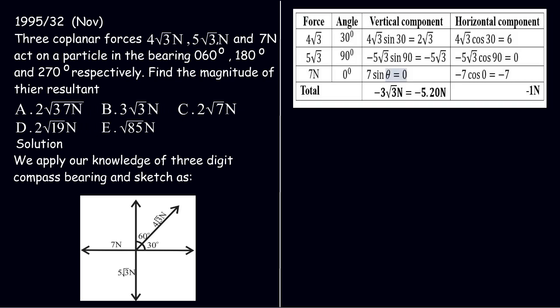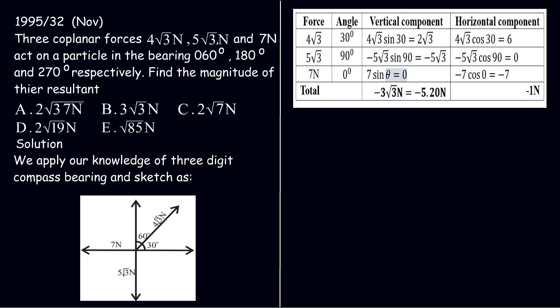Now we are going to tabulate our forces and find the resultant vertical component. For our first force, 4 root 3, the angle it makes with the horizontal is 30 degrees, so the vertical component will be 4 root 3 sin 30, which is equal to 2 root 3, and the horizontal component will be 4 root 3 cos 30, which is equal to 6.